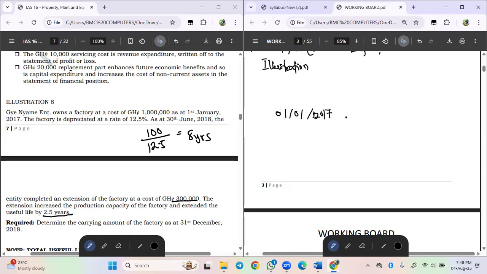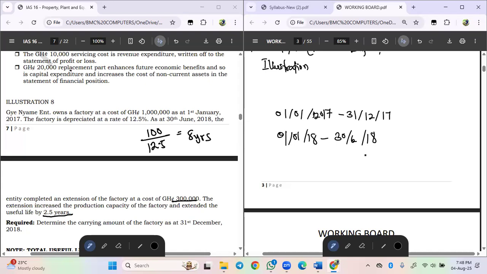Okay. So the whole of 2017, you are going to calculate depreciation. Now, when we get to 2018, it was 30th June 2018, so you calculate an extra 6 months. So in 2018 too, we are going to calculate depreciation from 1st January 2018 to 30th June 2018.